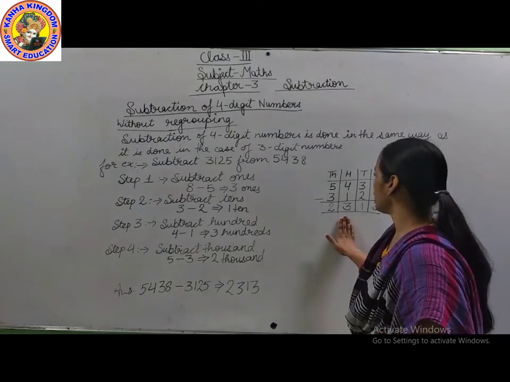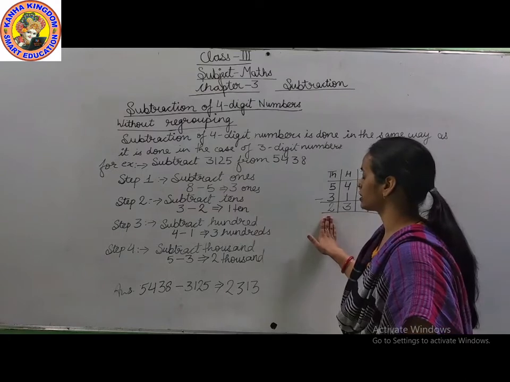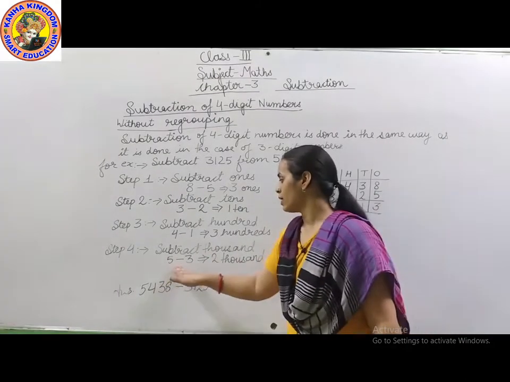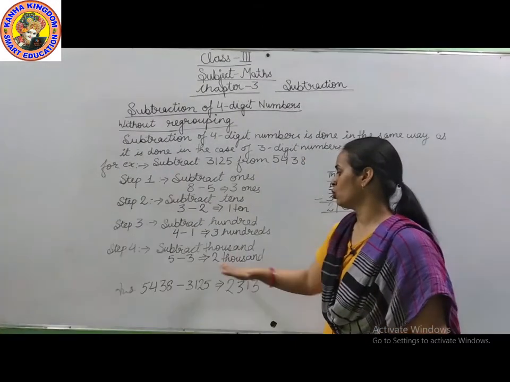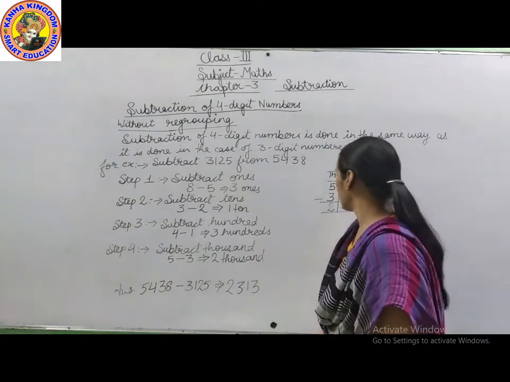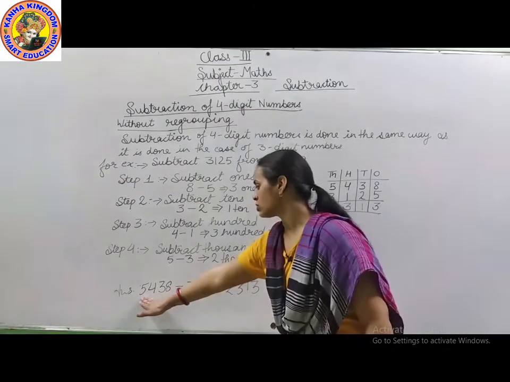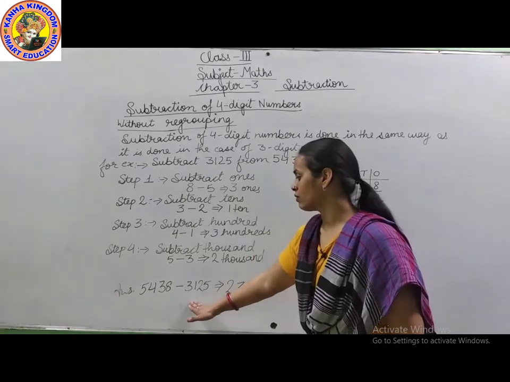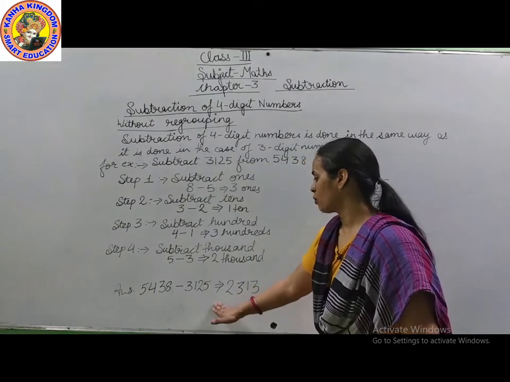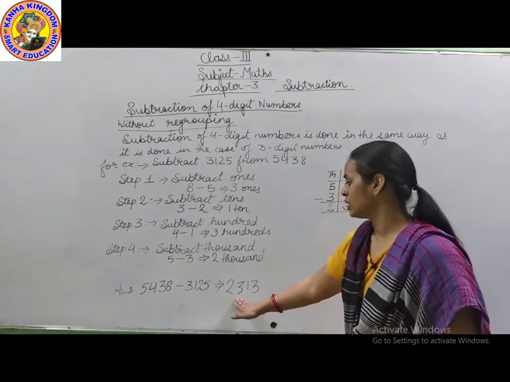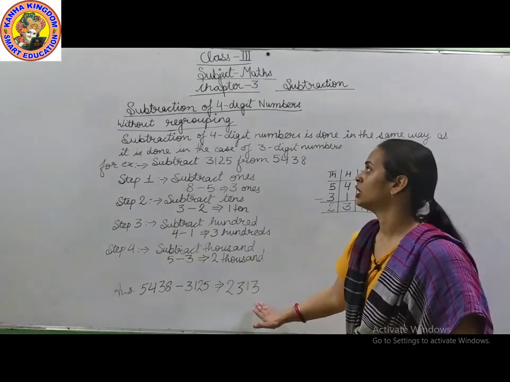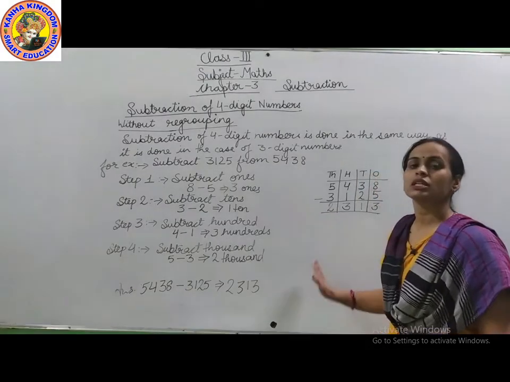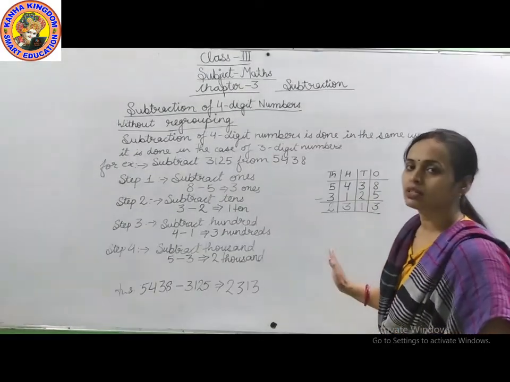Ones, tens, hundreds, so our next step, subtract thousands. So 5 minus 3 equals 2000. Finally our answer, 5438 minus 3125 equals 2330. Okay, we subtract 4-digit numbers in the same way as usual.